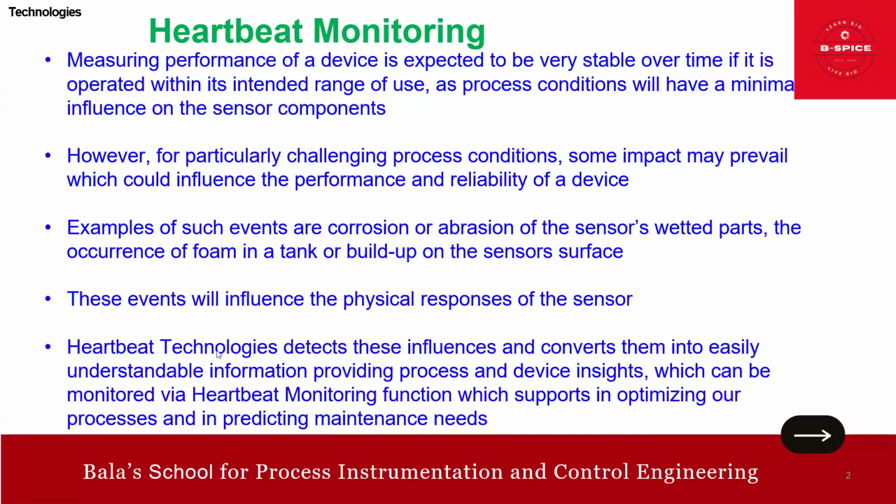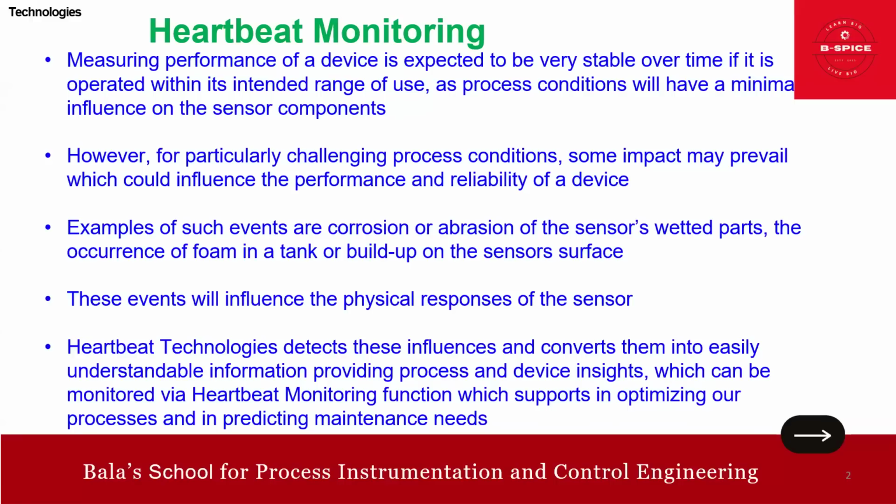Heartbeat technology detects these influences and converts them into easily understandable information, providing process and device insights which can be monitored by a heartbeat monitoring function, which supports optimizing our process and predicting maintenance needs.